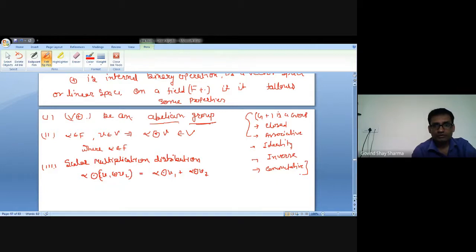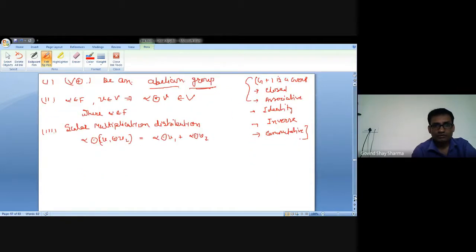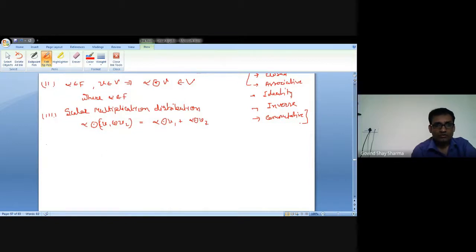Fourth is the associative property for scalar product.